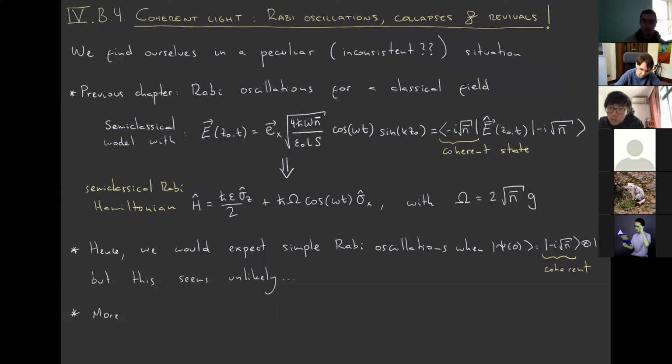So moreover, we have actually found simple Rabi oscillations in the same way as the semi-classical one, but for a state that looks like this, n times the ground state, where now this n is really a Fock state, okay?